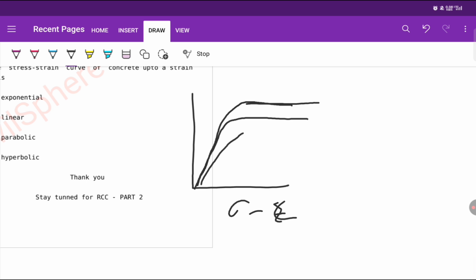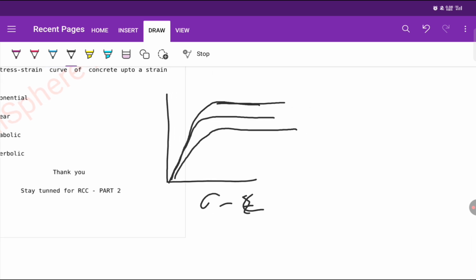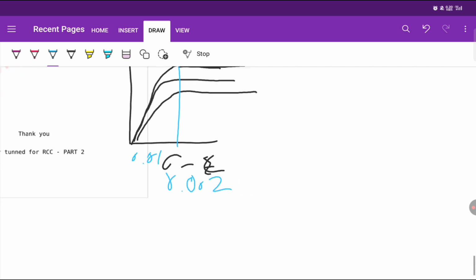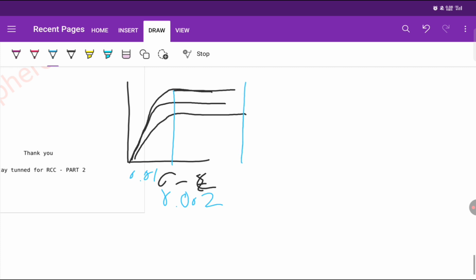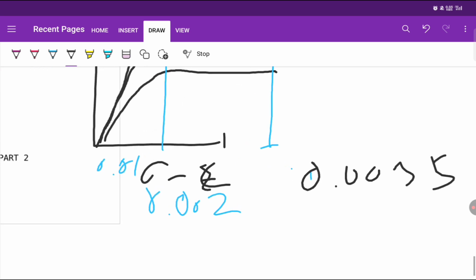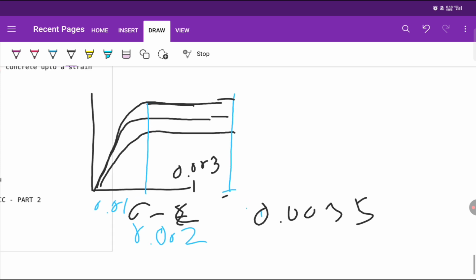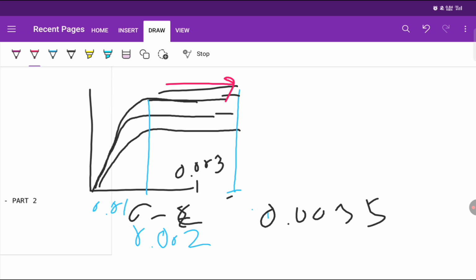Here this is our 0, this is our 0.002, and this is our 0.0035. Okay, so up to this point we have 0.0035 up to failure. Up to failure it is constant, as you can see here, and at 0.002.